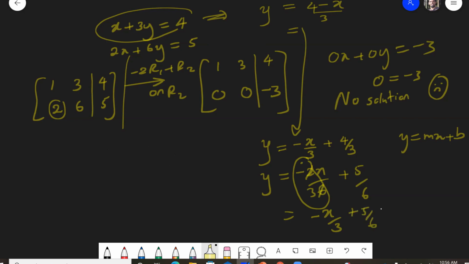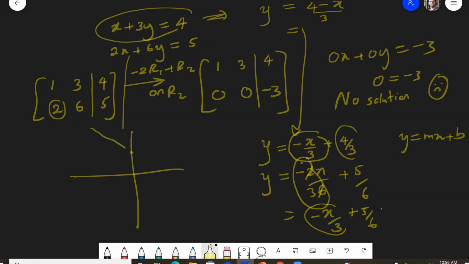Now look at these two equations. This one has slope negative 1/3, this one has slope negative 1/3, and we have a y-intercept of 4 over 3 somewhere here.